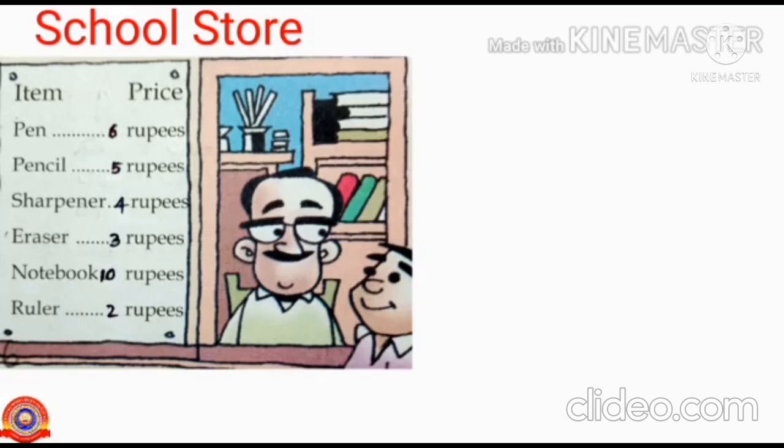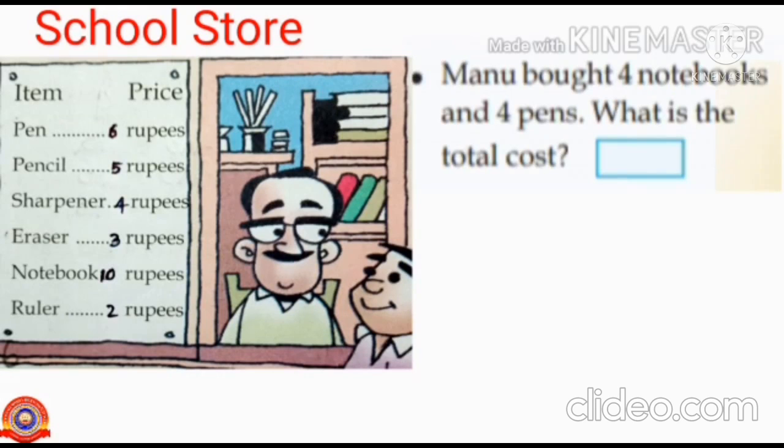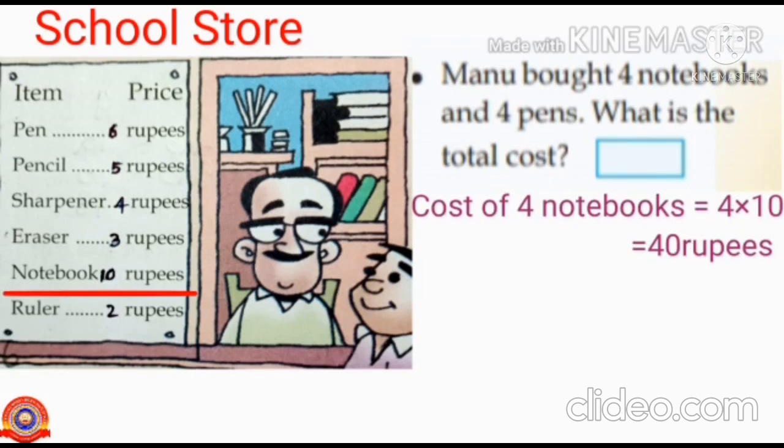Children, see this question. Manu bought 4 notebooks and 4 pens. What is the total cost? Look at the price list. What is the cost of one notebook? 10 rupees. So, cost of 4 notebooks equals 4 times 10. That is 4 into 10 equals 40 rupees. Then what is the cost of one pen?